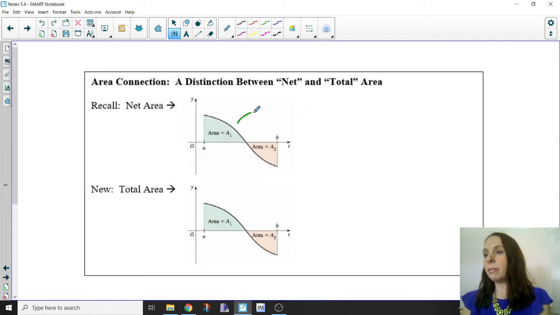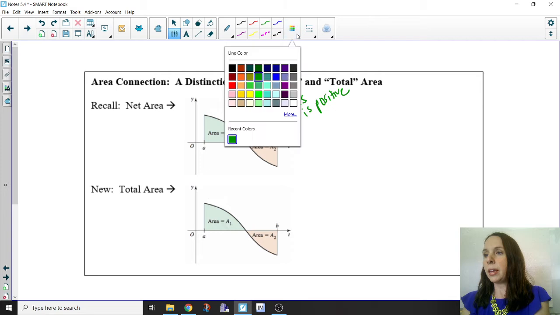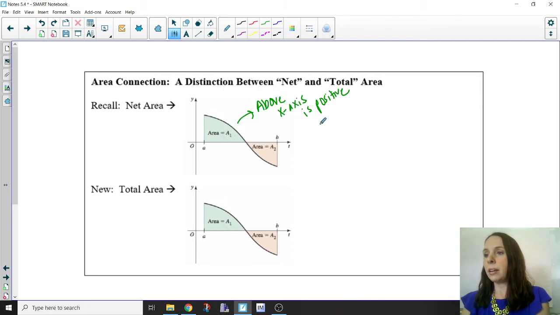Area above x-axis is positive. And area below is negative.